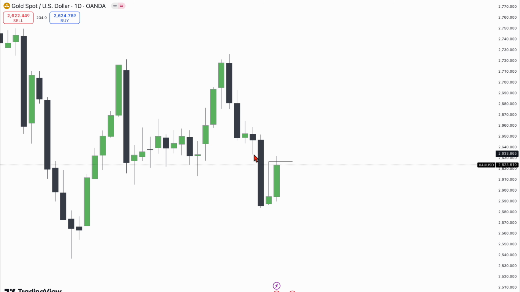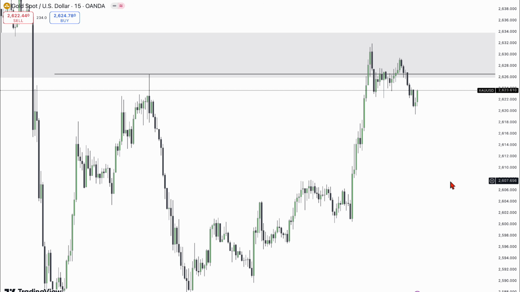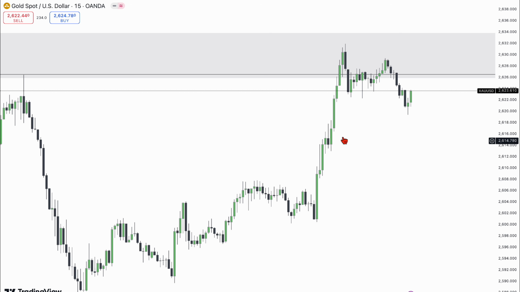Let's mark it. Next, we will switch to the 15-minute time frame and look for a 15-minute CRT to form. Alright, we have switched to the 15-minute chart, and you can see these fair value gaps, which act as internal range liquidity. Let's mark them.